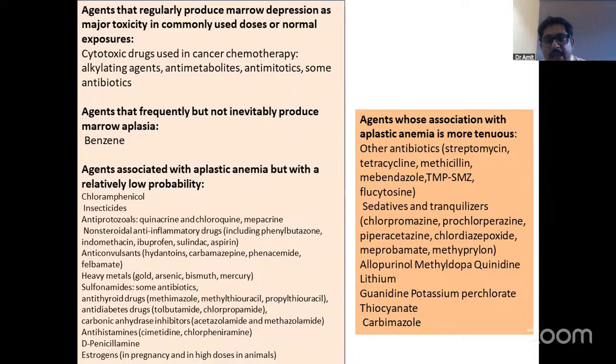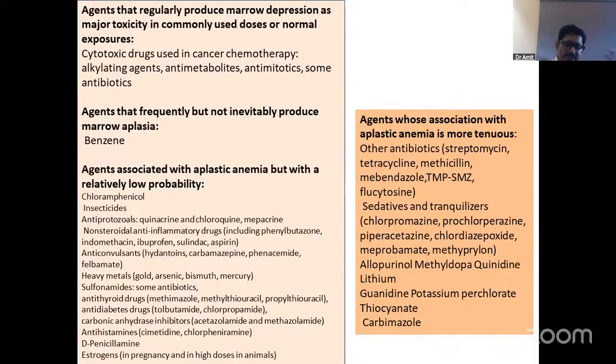These drugs are antibiotics like streptomycin, tetracycline, methicillin, mebendazole, trimethoprim, sulfamethoxazole, flucytosine; sedatives and tranquilizers like chlorpromazine, prochlorperazine, piperacetazine, chlordiazepoxide, meprobamate, methylpyrrolone; and then allopurinol, methyldopa, quinidine, lithium, guanidine, thiocyanate, carbimazole. These are agents whose association with aplastic anemia is not very strong, but they are under scrutiny.